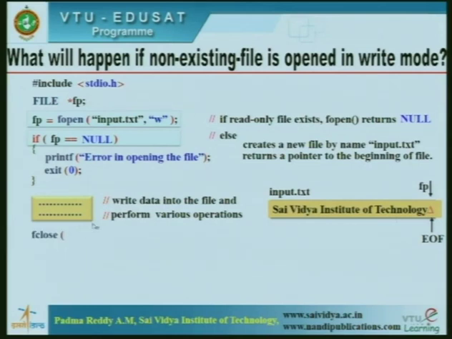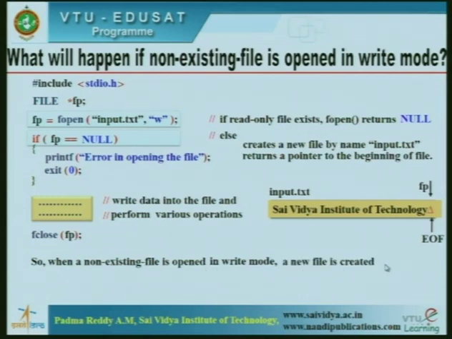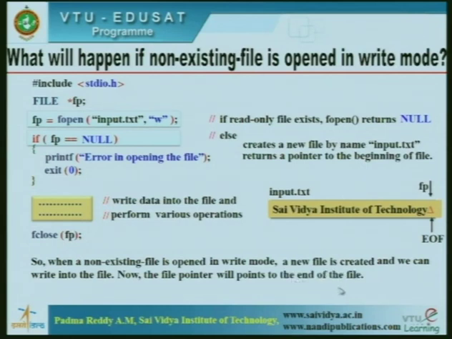Finally, after doing all the operations, we can close the file. So when a non-existing file is opened in write mode, a new file is created and we can write into the file. The file pointer will point to the end of the file.